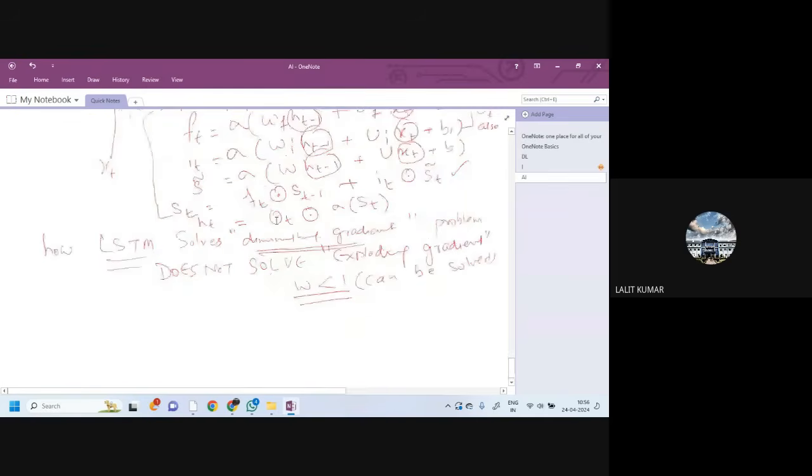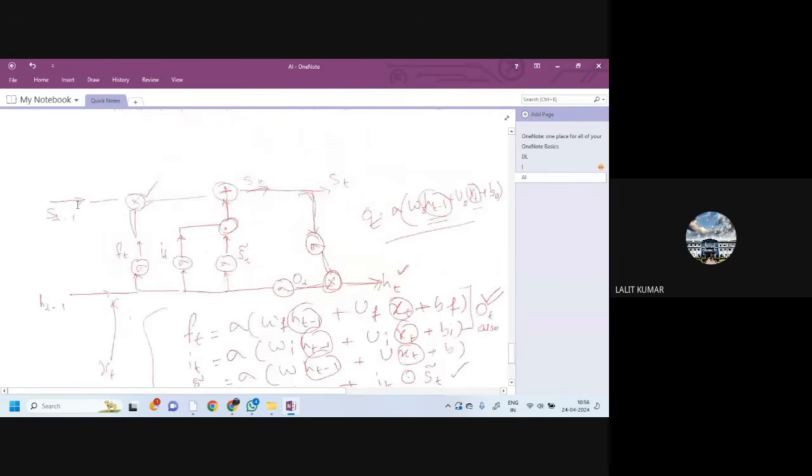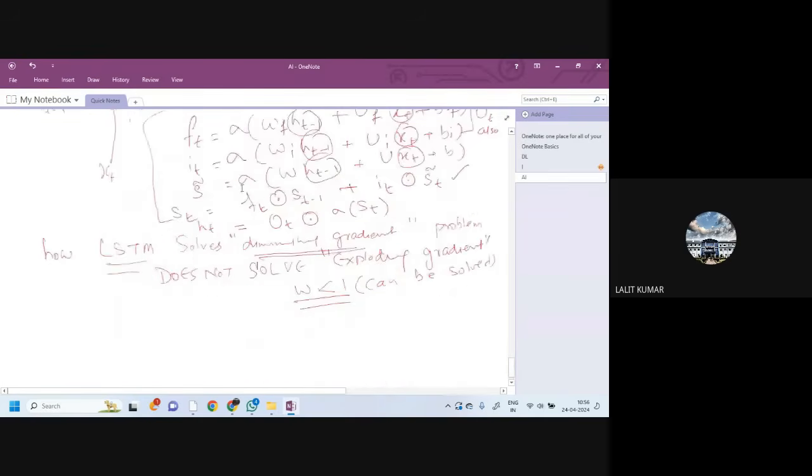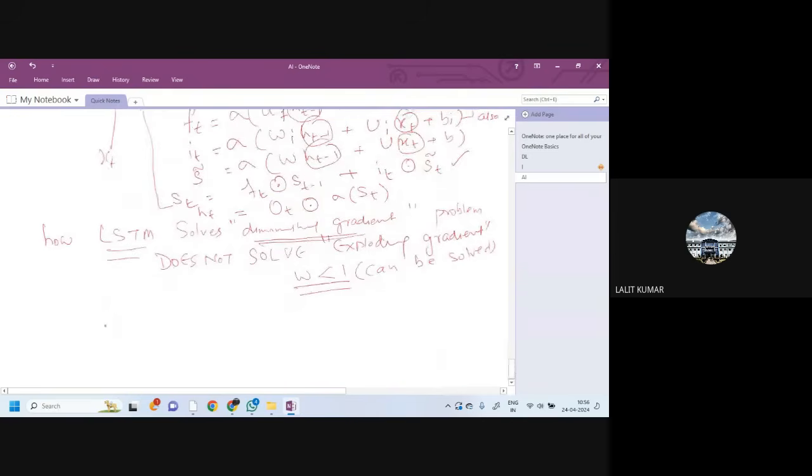And how does it control? See what is happening, how the RNN will become like this. So these gates are here. So this is the RNN now. HT minus 1, ST minus 1. This is ST. We utilize this ST for Y hat. Then ST plus 1, HT plus 1, and here ST plus 2, HT plus 2.